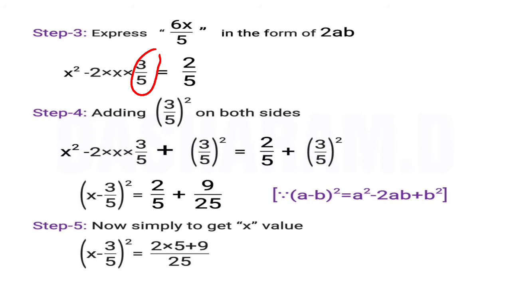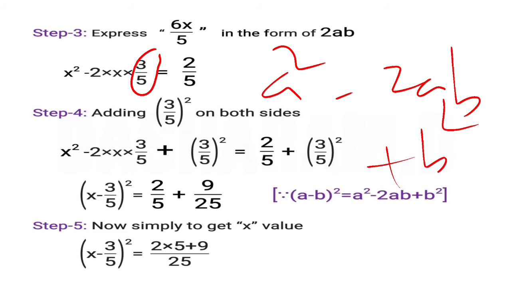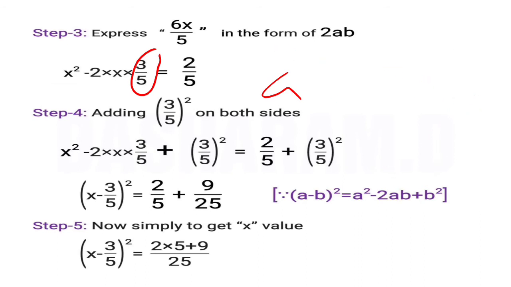To get the perfect square, we need a square minus 2ab plus b square. But here only a square minus 2ab is available, so we need b square. That is why step 4 is to add (3 by 5) whole square on both sides: plus (3 by 5) whole square on the LHS and plus (3 by 5) whole square on the RHS.